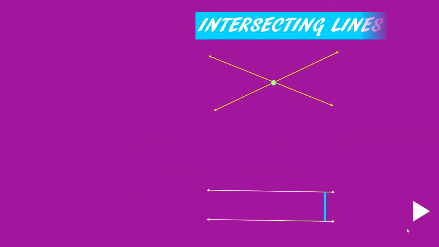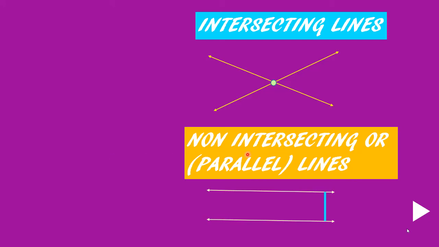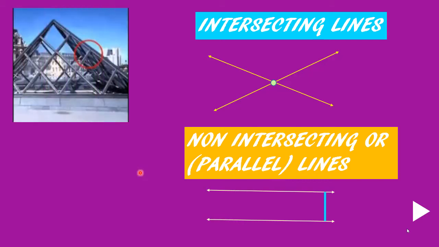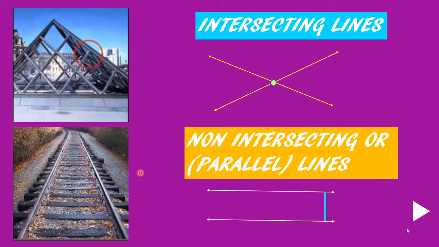The lines which meet at a point are called intersecting lines, and the lines which do not meet at any point are called non-intersecting lines or parallel lines. The rods forming the bridge and the railway track are examples of intersecting lines and parallel lines.